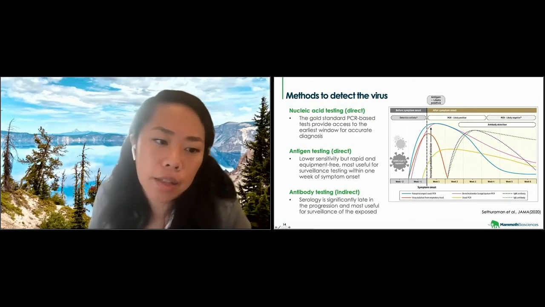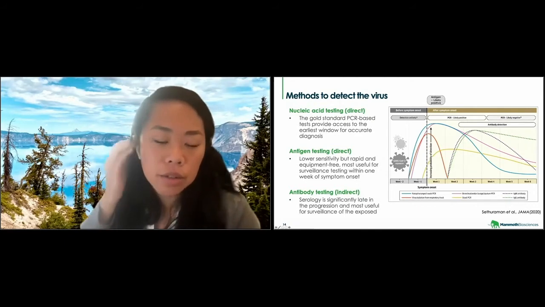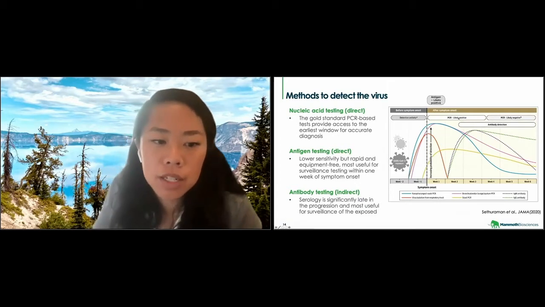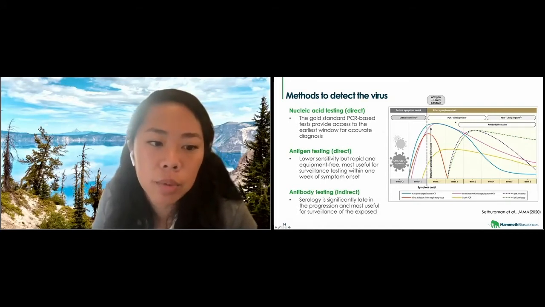And finally, the last category is antibody testing. This can be thought of as an indirect testing approach that looks at the host immune response to the viral infection. Serology testing, as you can see in this graph, is typically later in the progression of disease, and is usually most useful for surveillance of the exposed.